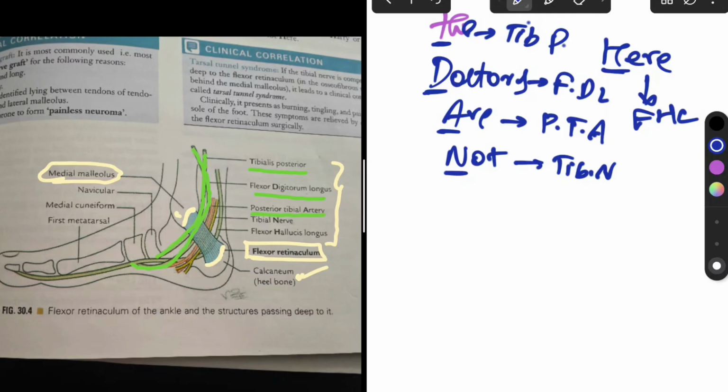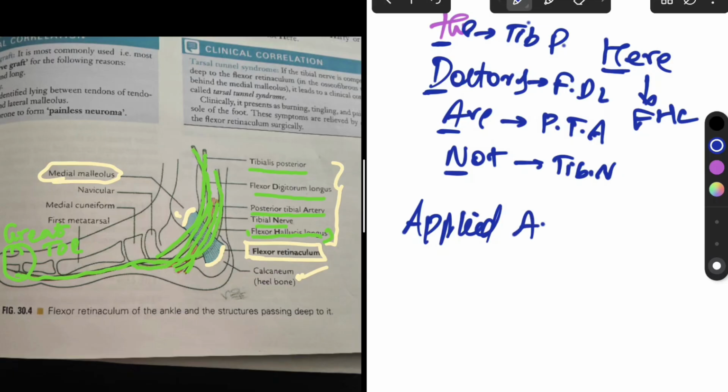Then the posterior tibial artery, and the tibial nerve passes here. And flexor hallucis longus, this one, is the longest tendon. Flexor hallucis longus supplies the great toe.